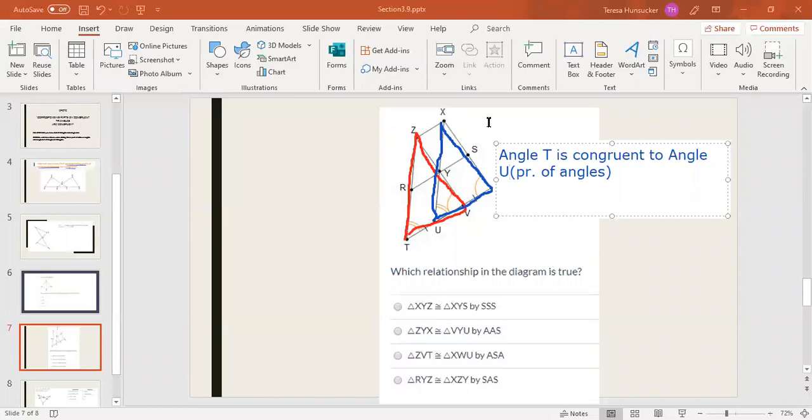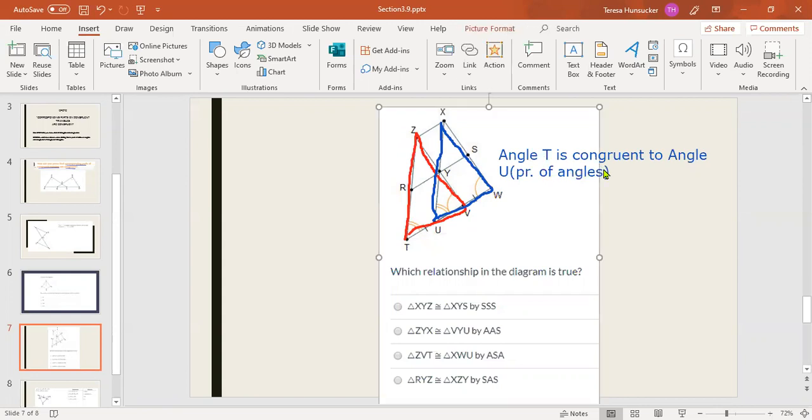All right, now, let me then go on to say that angle V is congruent to angle W. Angle V is congruent to angle W. All right, and that's another pair of angles.